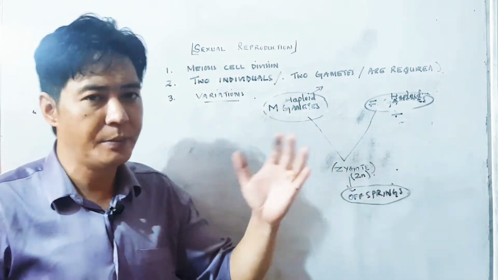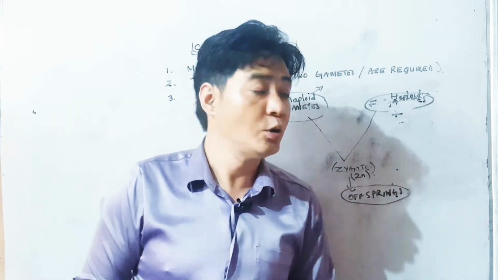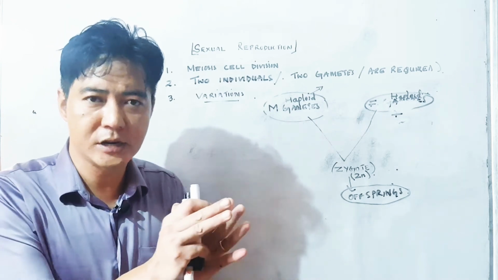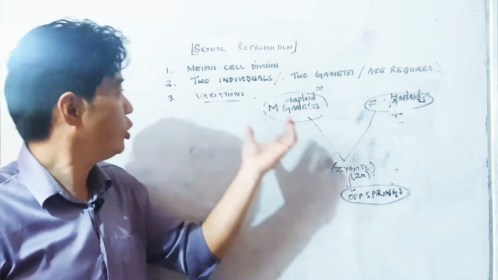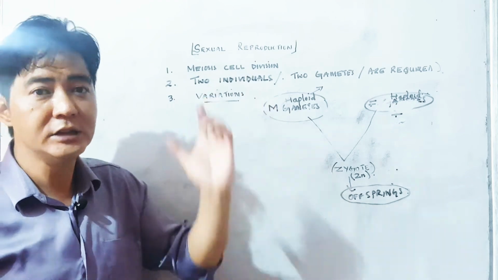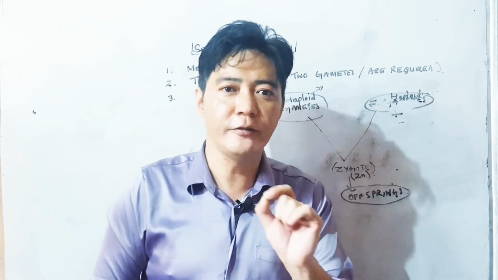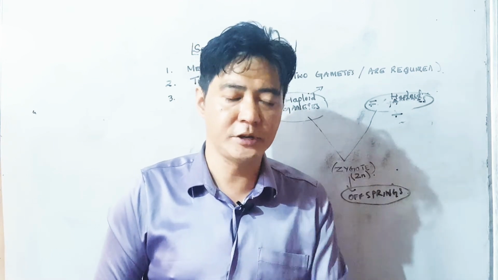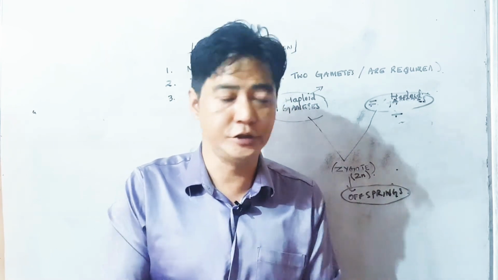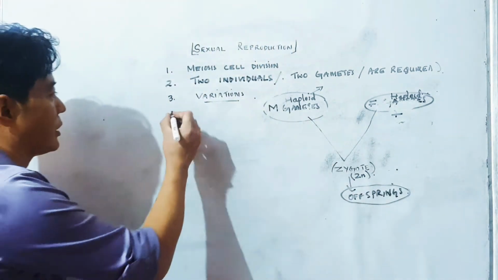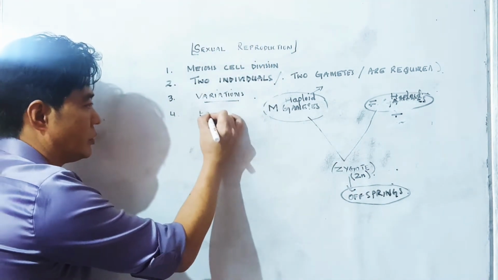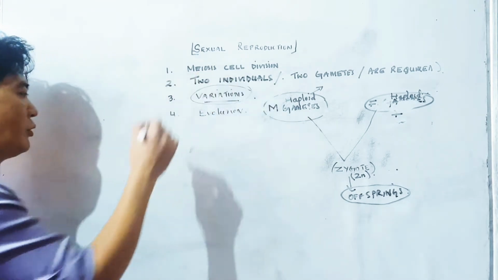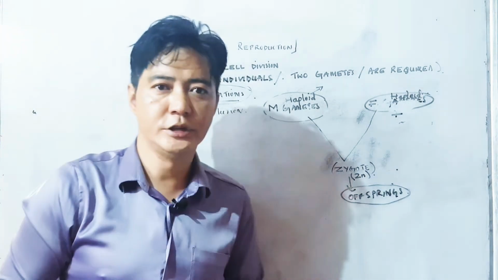The offspring or the baby which is produced will not be a photocopy or Xerox copy of the parents. There will be slight changes in the offspring, which is known as variation. And this variation shows a positive role in evolution. Variations which occur in the species ultimately lead to evolution. Number four, this variation plays a positive role in evolution of new species.